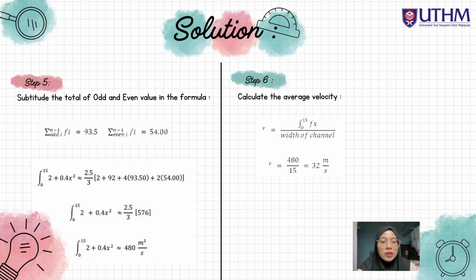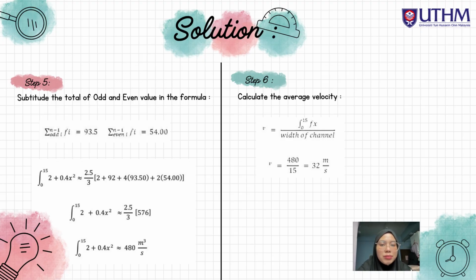Next, we substitute the total of odd and even values in the formula. The sum of odd terms equals 93.5 and the sum of even terms equals 54.0.